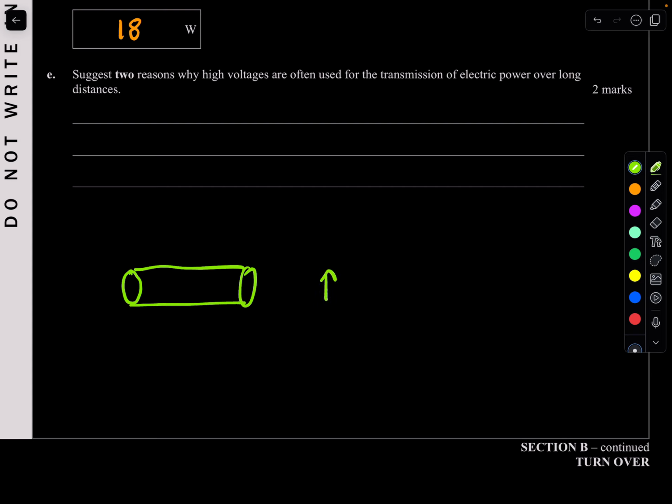If we have a high resistance, it means the wire can be very small, because they're inversely proportional. Having a high resistance gives us a small wire, which is good, because it saves on cost. You don't have to create big wires.